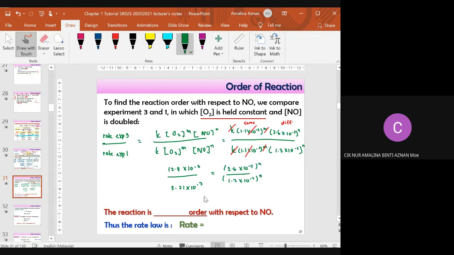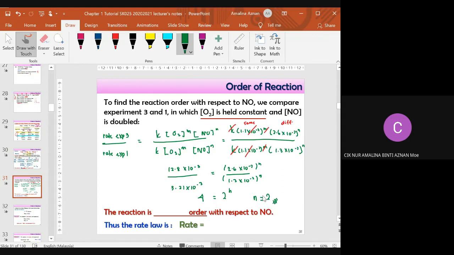Okay, so kamu akan dapat this side 4 equals to 2 power of n. Okay, so kalau kamu buat terbalik, eksperimen 1 over 3, mungkin kamu akan dapat 1 over 4, 1 over 2 lah, to the power of n. Okay, so factorkan, so kamu akan dapat n is equals to 2.